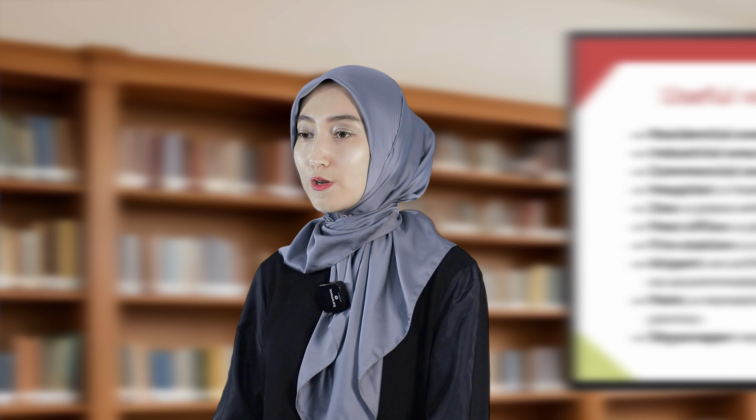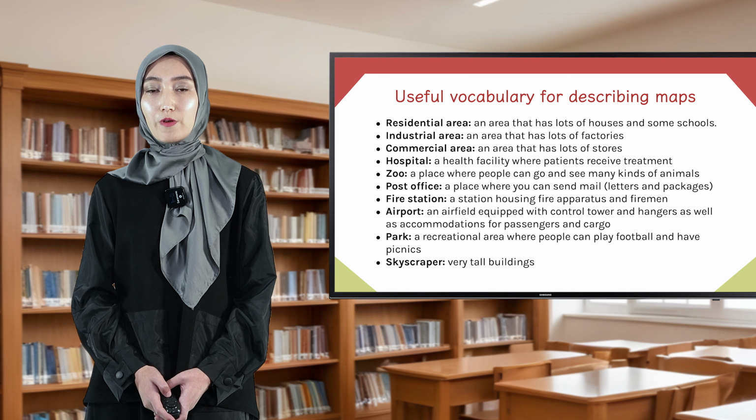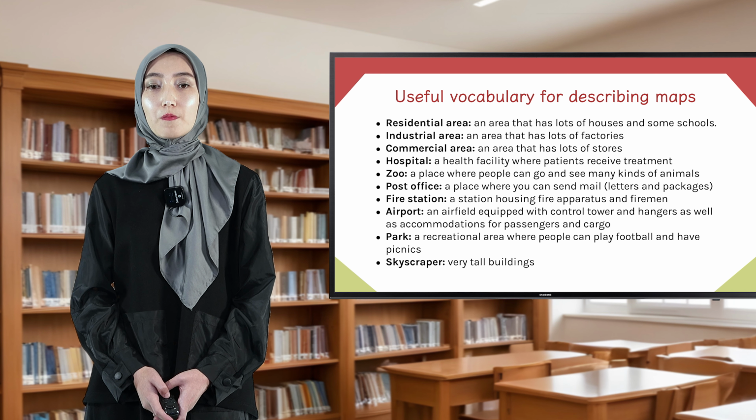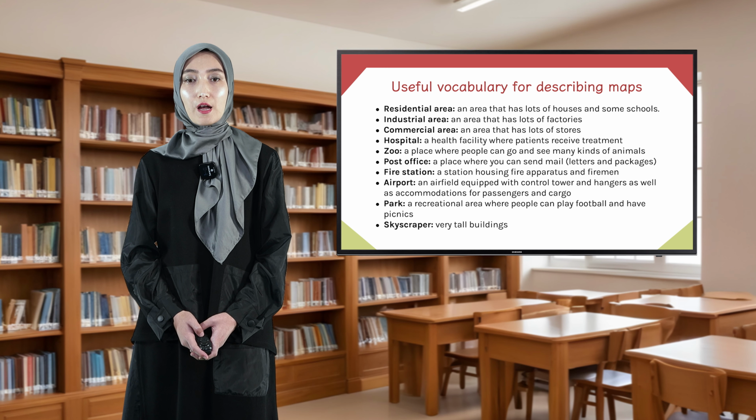And a hospital, we know that it's a health facility where patients receive treatment. And a zoo, a place where people can go and see many kinds of animals. And a post office, that is a place where you can send mail, letters and packages and so on. And a fire station, a station housing fire apparatus and firemen.